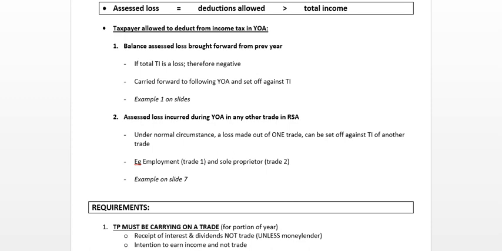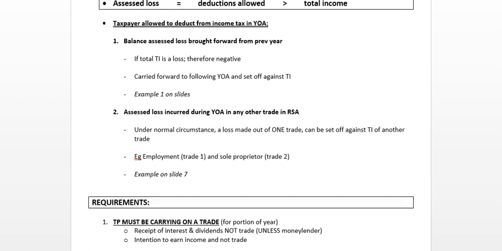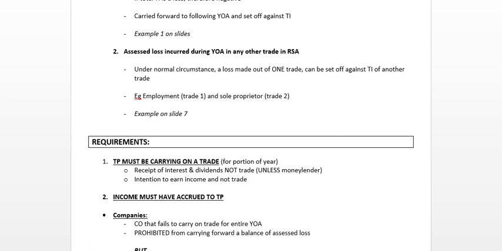Okay, so assessed loss incurred during the current year of assessment of any trade in the Republic. So under normal circumstances, a loss made out of one trade can be set off against the taxable income of another trade. Okay.